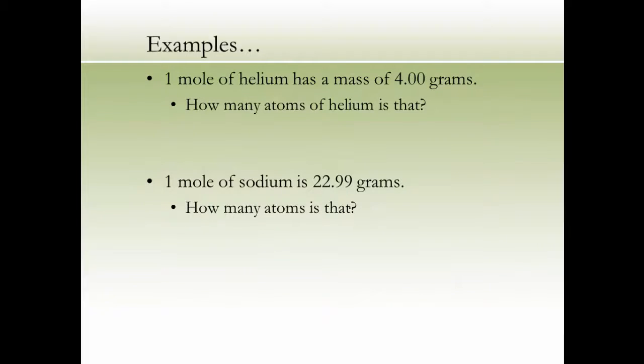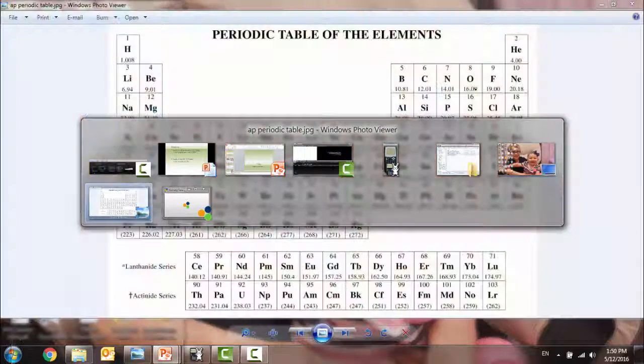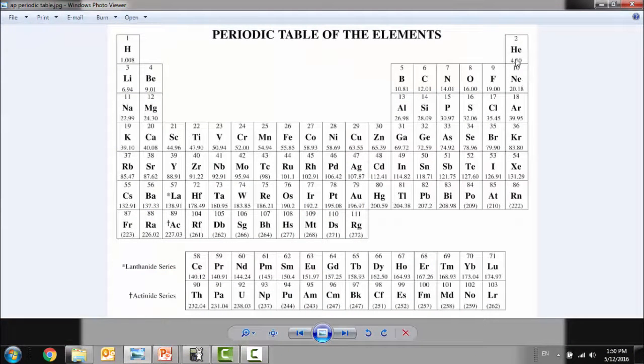So we're going to try some practice here. This might not fully make sense right now, but hopefully with a couple of examples it will. If I tell you that 1 mole of helium has a mass of 4 grams, you might wonder, how do you know that? Where did that number come from? We look at the periodic table, and if we look at helium, we see that its average atomic mass is 4.00.